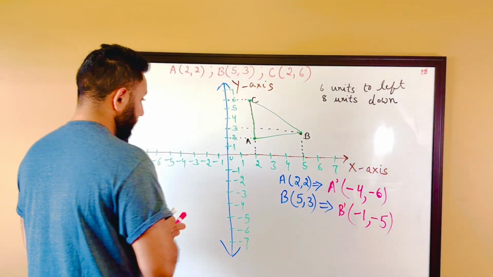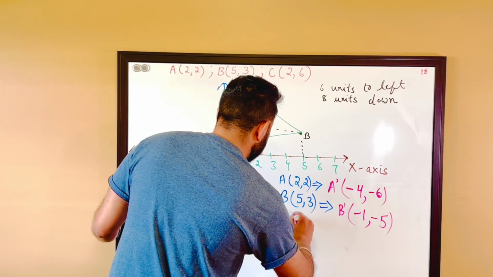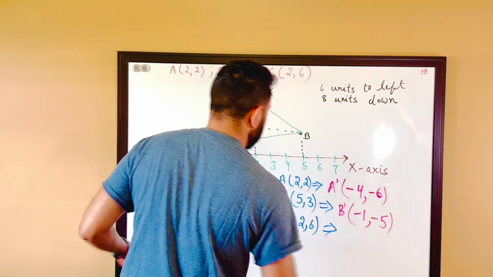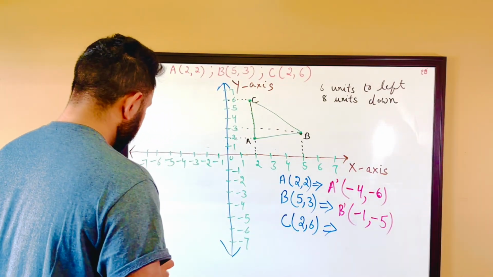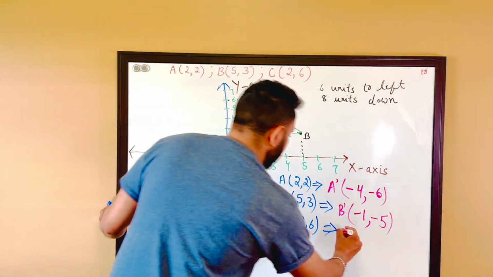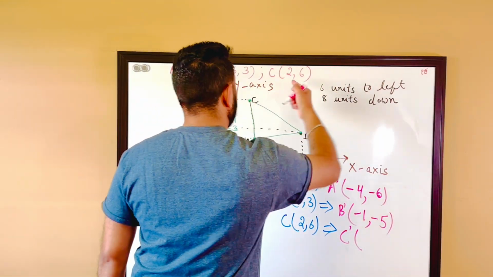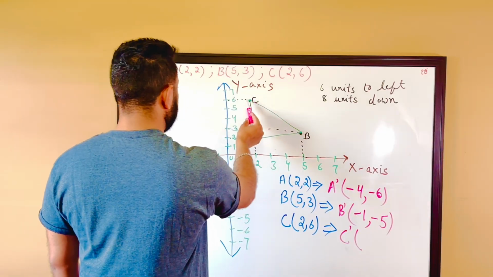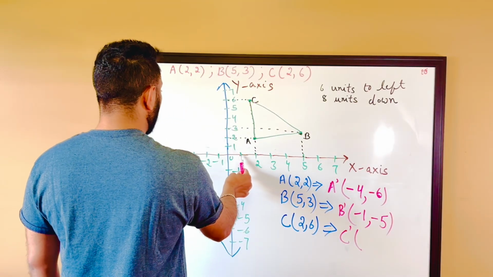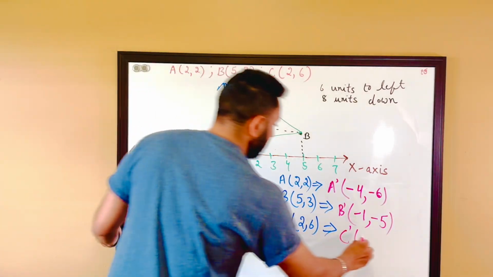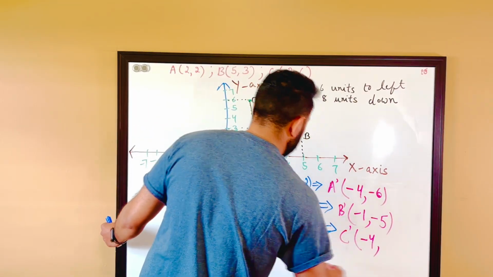And coordinate C, which is (2, 6). And so our new C coordinate will be 6 units to the left, 1, 2, 3, 4, 5, 6, -4.